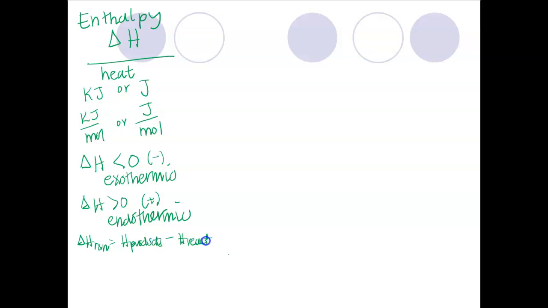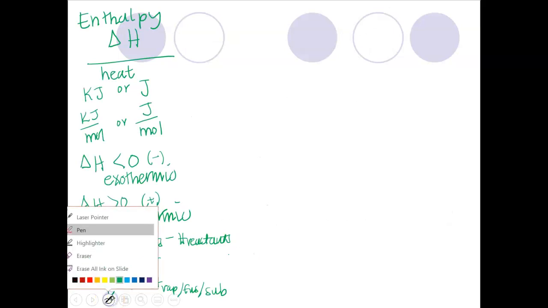I stole that from the previous slide. The summation signs in front of that just means the total of H products. We also, since Q is equal to H, I'm going to write Q equals M times C times delta T, and Q equals N times delta H vaporization or fusion or sublimation. Okay, so that's the ways we could calculate this.